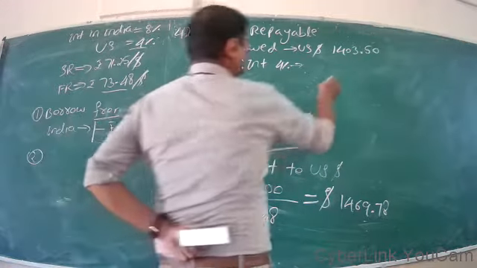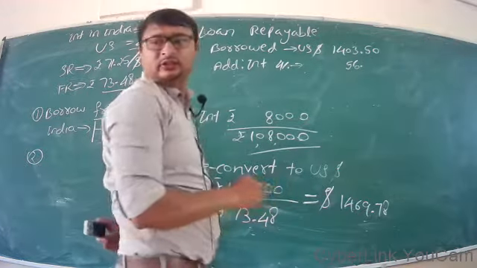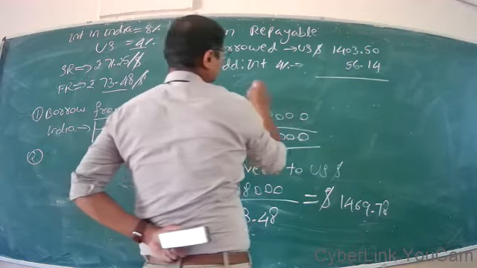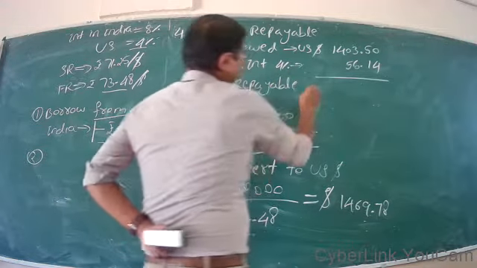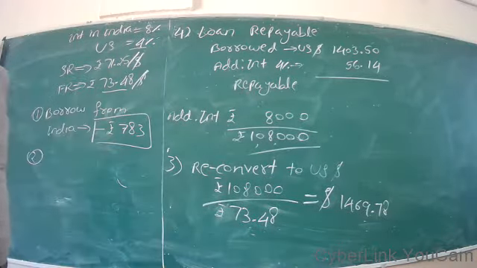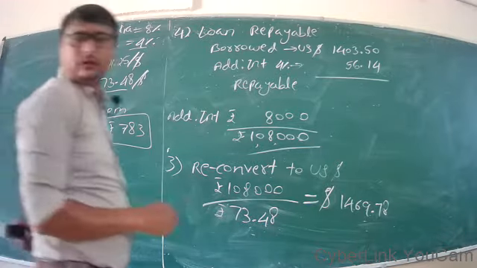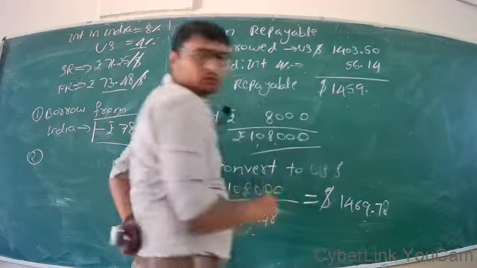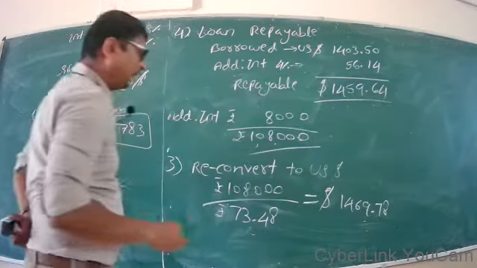That becomes $56. Interest for 1 year is $56.14. So loan repayable is 1459.64. The amount you have to pay them back.